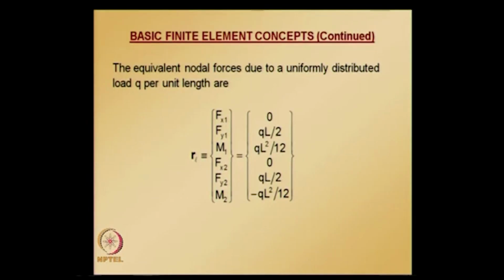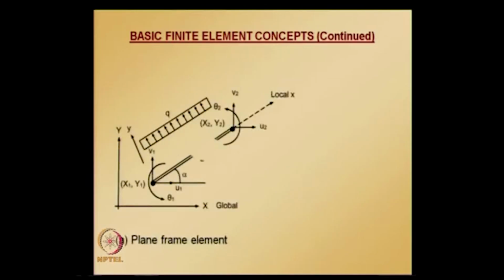All element nodal coordinates are defined with respect to this coordinate system. An arbitrarily oriented plane frame is shown here. Now, whatever equations we have in the local coordinate system, we need to see how they get transformed into this global coordinate system xy.